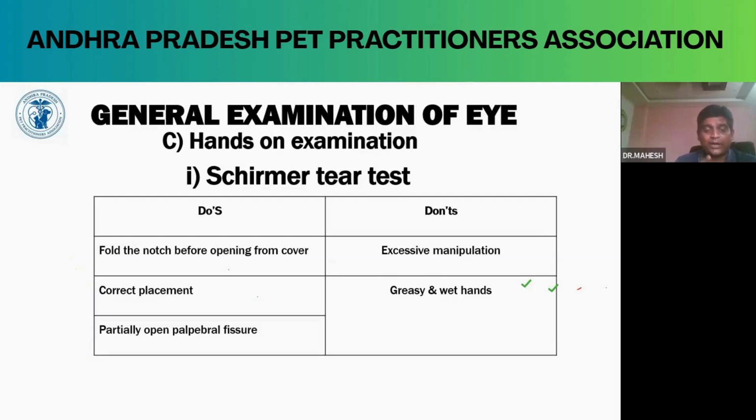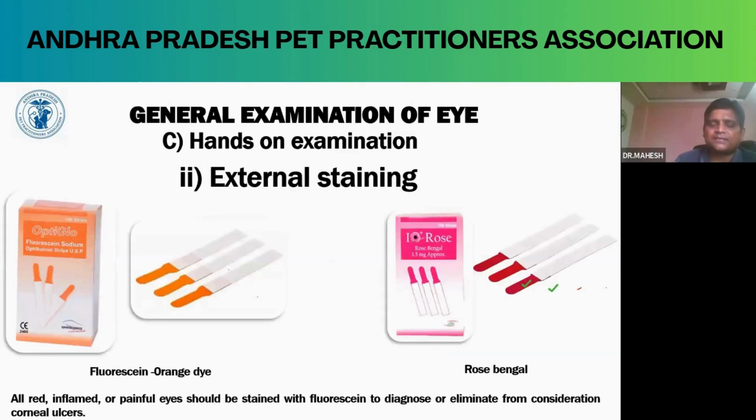And you always partially open the palpebral fissure. And what are the don'ts? Don't do excessive manipulation, and the hand should not be wet or greasy, which will cause some disturbance in the strip.